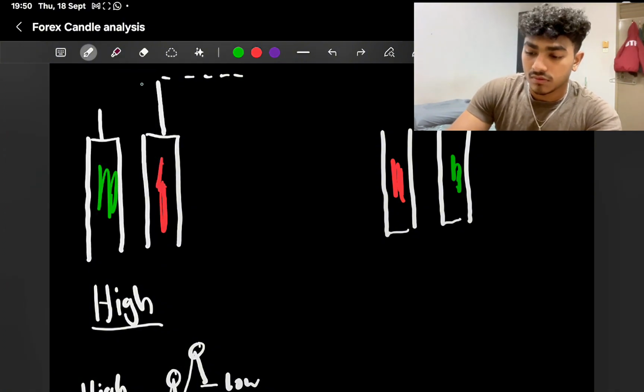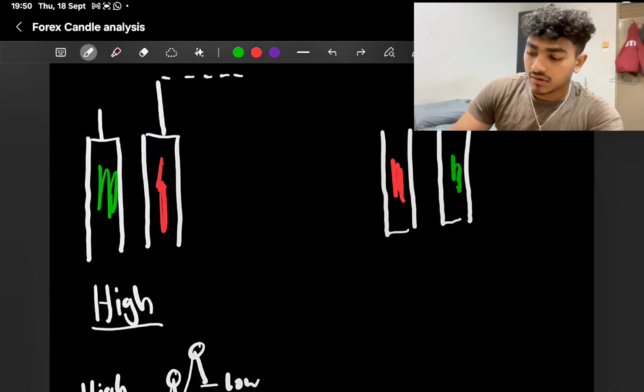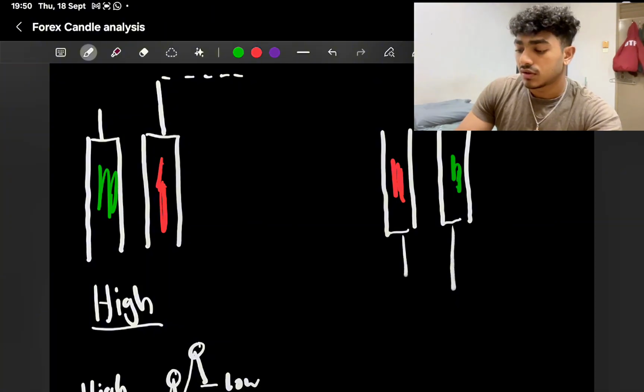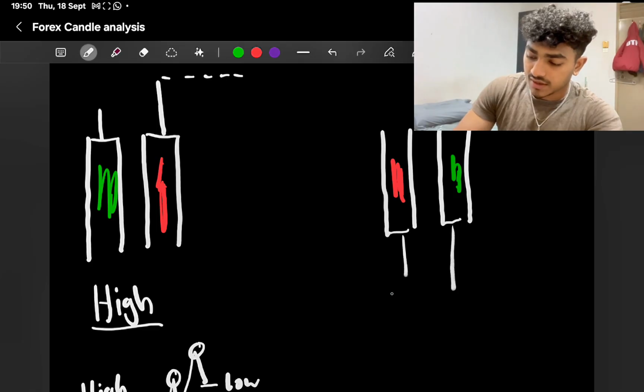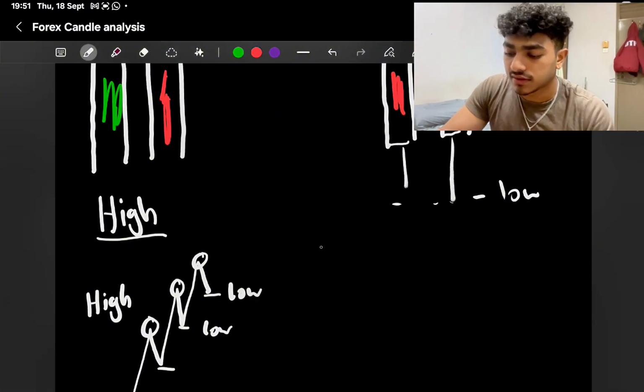Again, whichever is longer. So let's say, for example, the bull candle has a longer wick at the bottom, so this is the low.